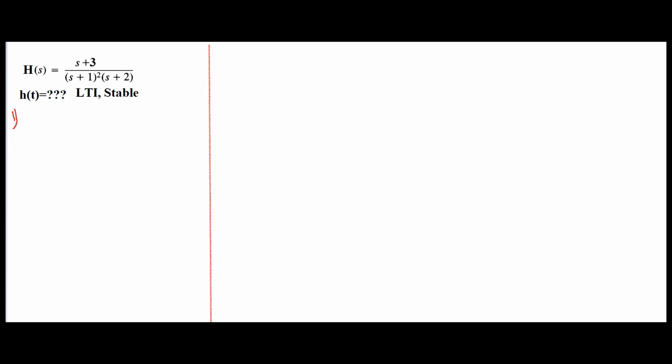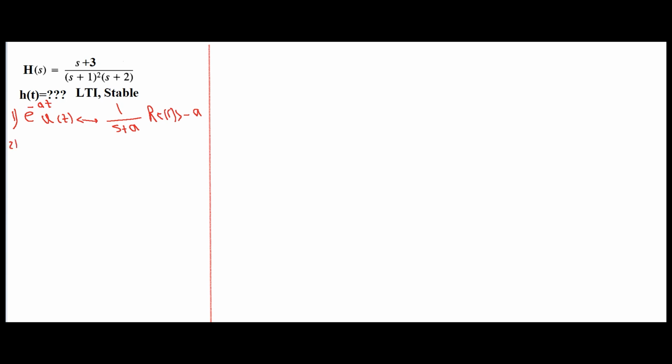The first point is that the Laplace transform of e to the power of minus at u(t) is equal to 1 divided by s plus a, with the ROC real s greater than minus a.